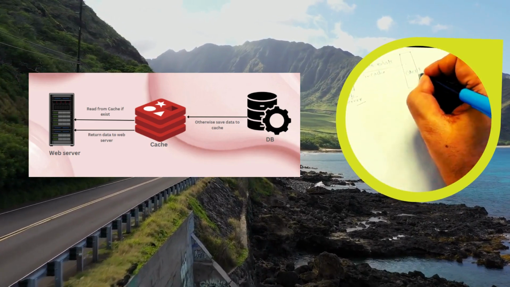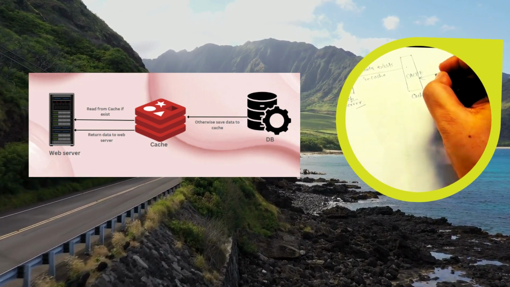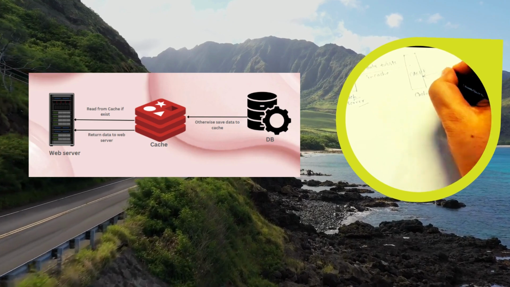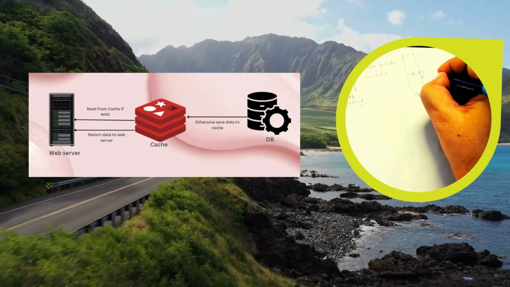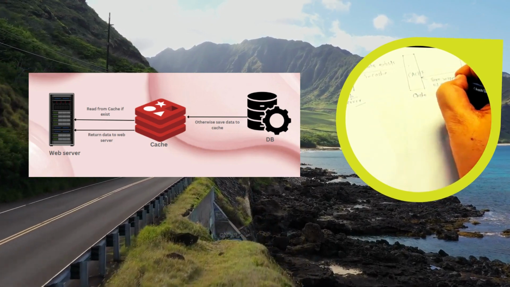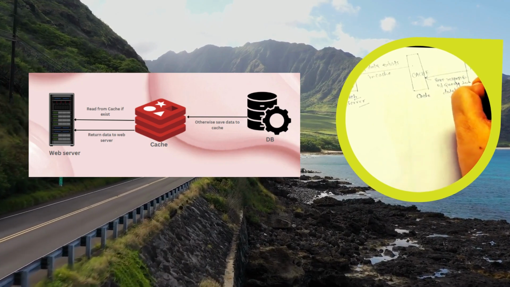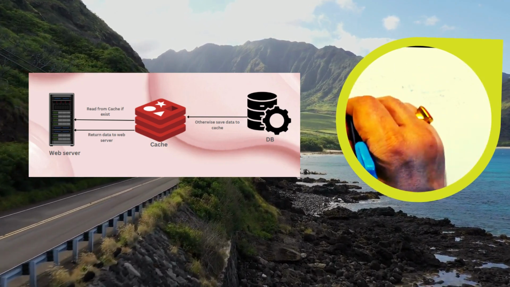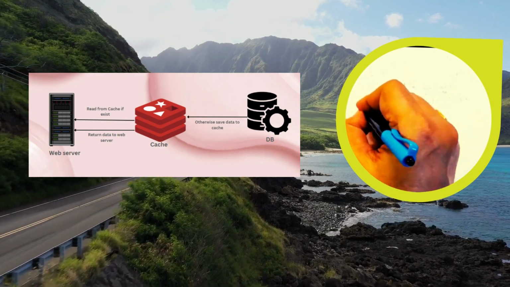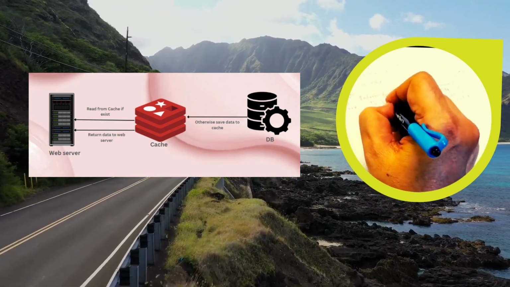If there is no data in the cache, then first they will save the response of the query to the database into the cache, and then return the data to the web server.